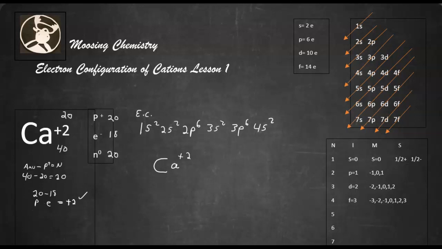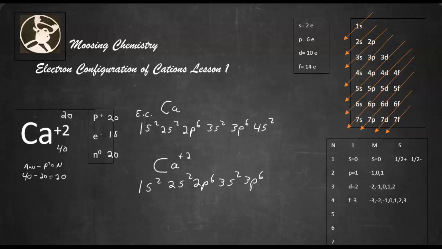Well, let's take a good look at that, okay? This is the electron configuration for simply calcium above it. So normal calcium is this. Now let's write the new electron configuration. 1s2, 2s2, 2p6, 3s2, 3p6.